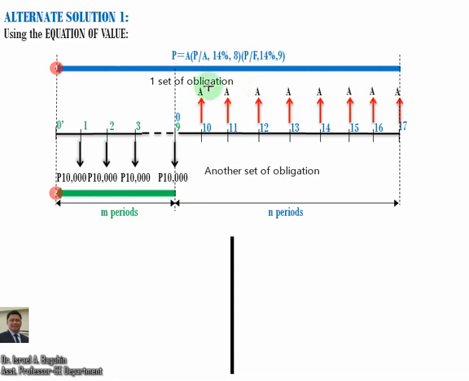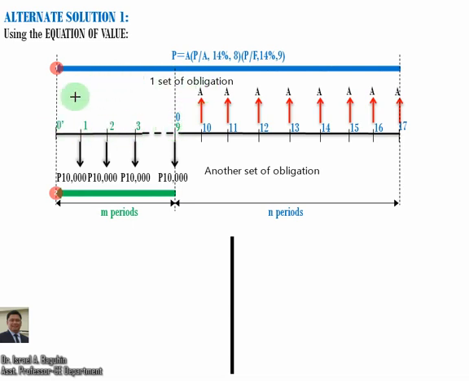So first we are going now to do the one set of obligation, referring now to this annuity A. So we just consider on top of this horizontal line actually. Below this horizontal line, we will not consider this one because this is another set of obligation. So if we are going to concentrate here on top of this horizontal x-axis, we can see that we have now this annuity from the 10th year until the 17th year, but we don't have annuity here from this zero period until the 9th year.